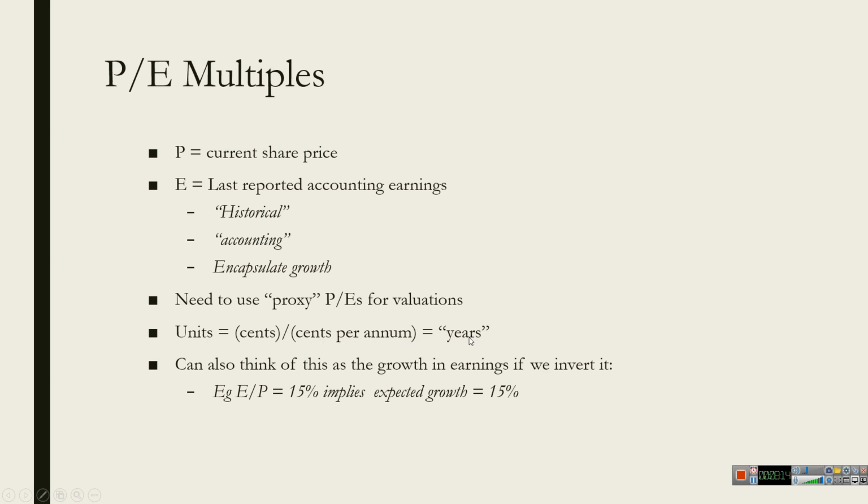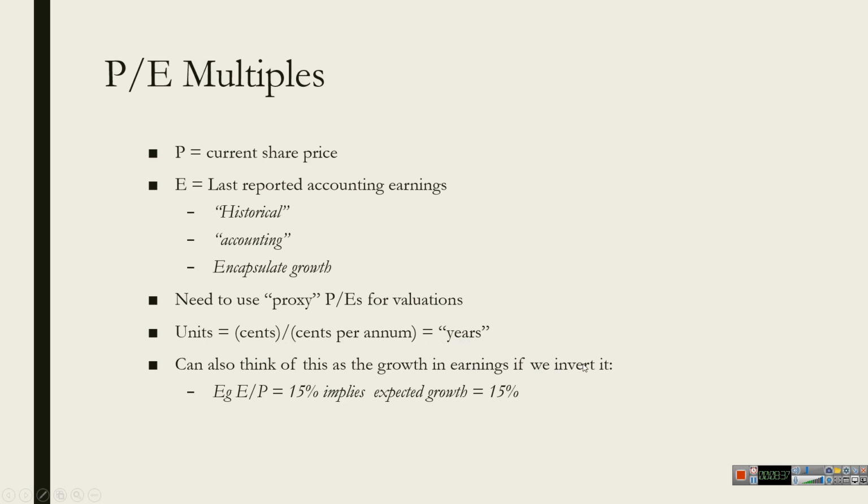In other words, if you see a PE multiple of, let's say, 7 times, then what it means is that the price you pay to get your money back, you'll have to wait 7 years for, unless, of course, the earnings are growing faster. That assumes a constant earnings. So it gives you some idea of what you're buying.